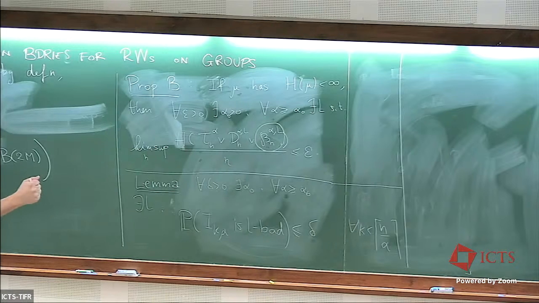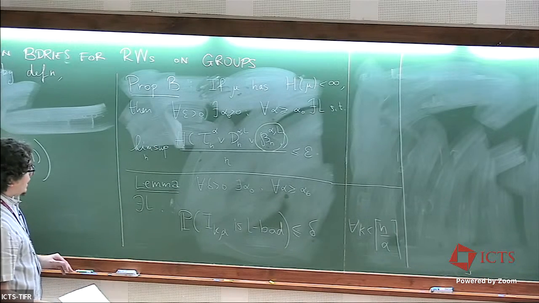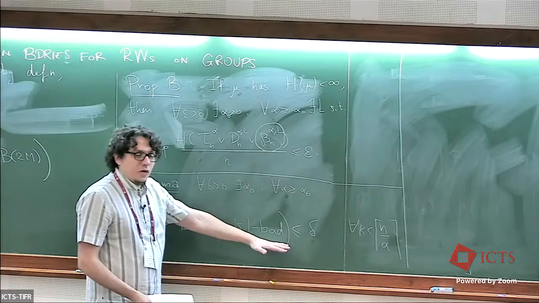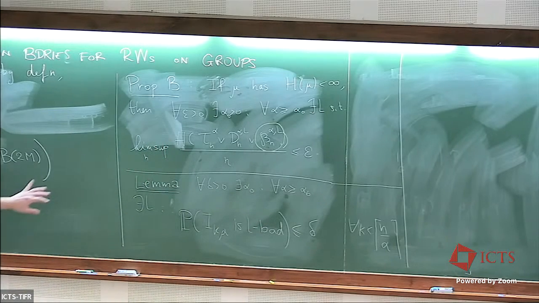If the length becomes larger and larger, of course, it's more and more likely that there is a pivot. However, what is not completely obvious, and that's why we need some form of this pivoting technique, is that the bound is completely uniform. So this is the only thing we need.